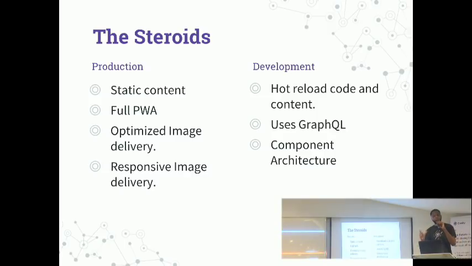While the images are optimized, we have different devices. You don't have to edit or manipulate your images for each different device. You could just ship one image and then it optimizes it for different devices.